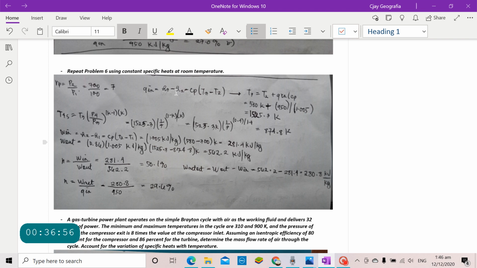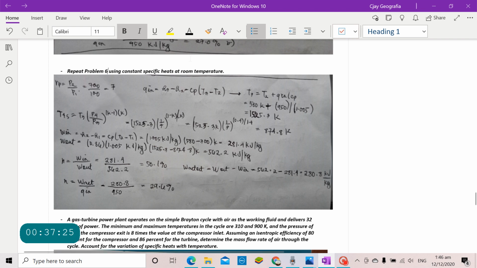Properties of air at room temperature: Cp is equal to 1.005 kJ/kg·K, and K is equal to 1.4. So use the constant specific heats. First you have to solve for the pressure ratio, which is 7, because 700 over 100 is 7, since P2 is 700 and P1 is 100.